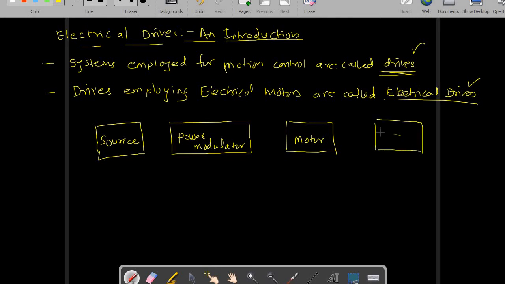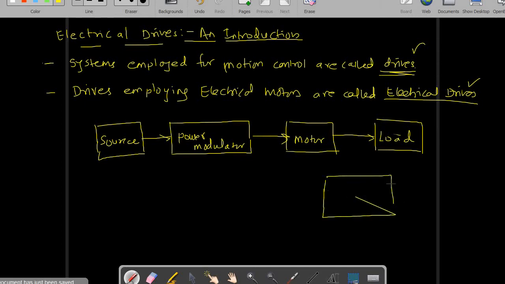Then we have load. These are connected like this. Okay. Then sensing unit. All these blocks we will discuss in detail.